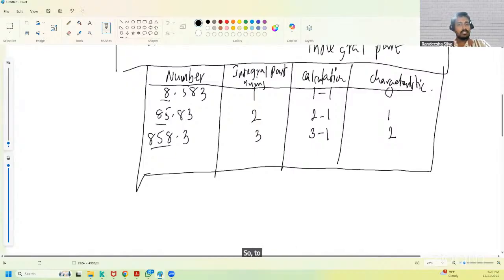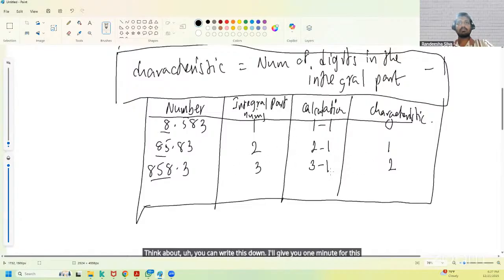To find this, we have to look at the digits. We use the first two digits for the row. Then the third digit for the column, and the fourth for the mean difference. Okay, you can write this down. I'll give you 1 minute for this. Then I'll start.